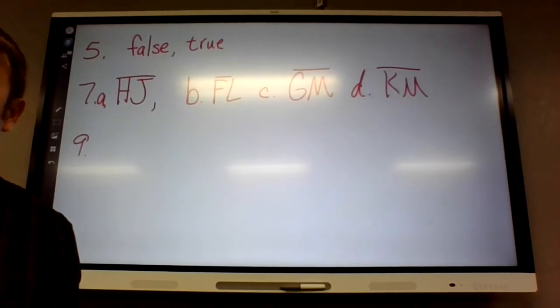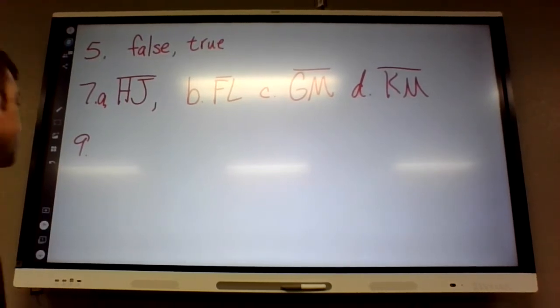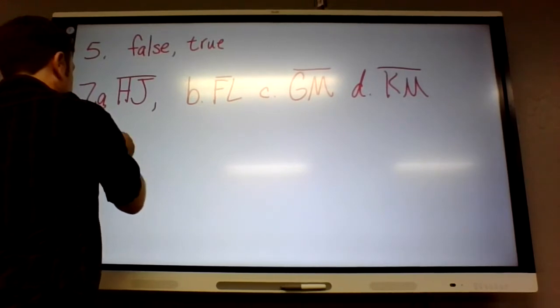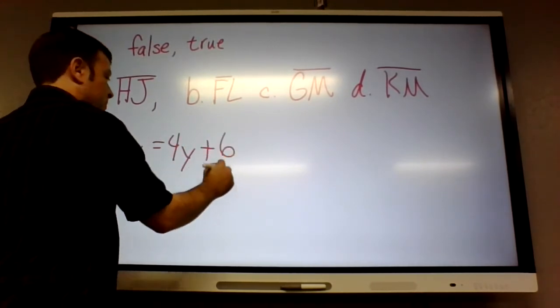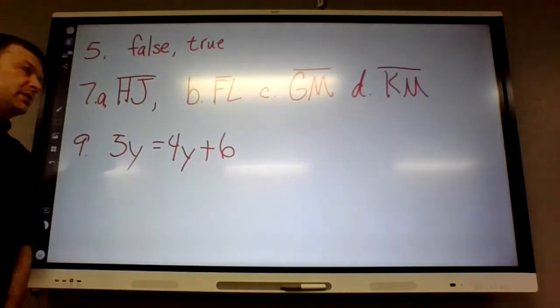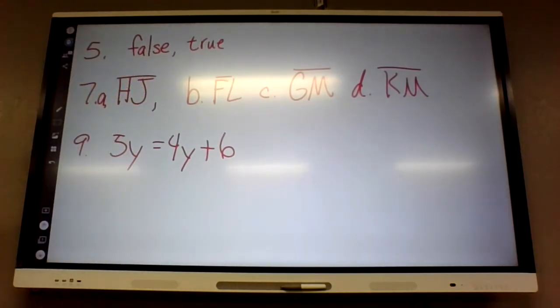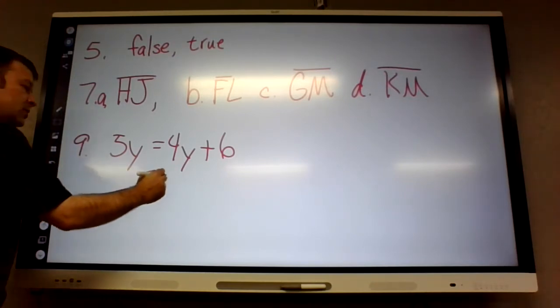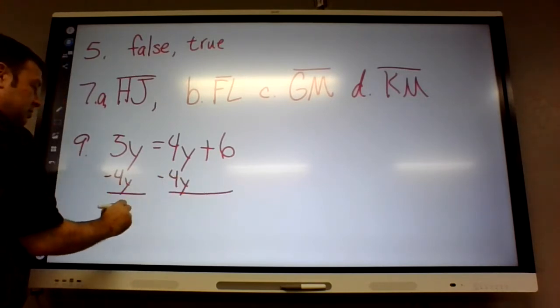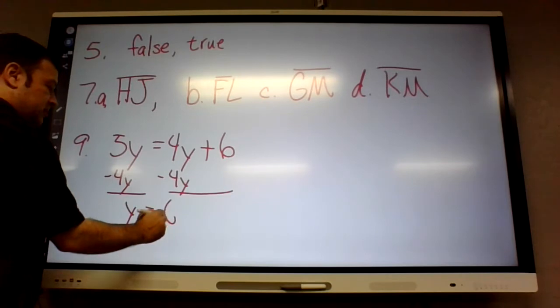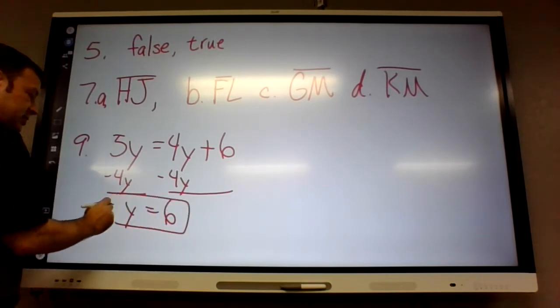So 5y equals 4y plus 6. Megan, what would we do to solve that algebraically? Minus 4y. So that'd be 1y equals 6. I guess that's it.